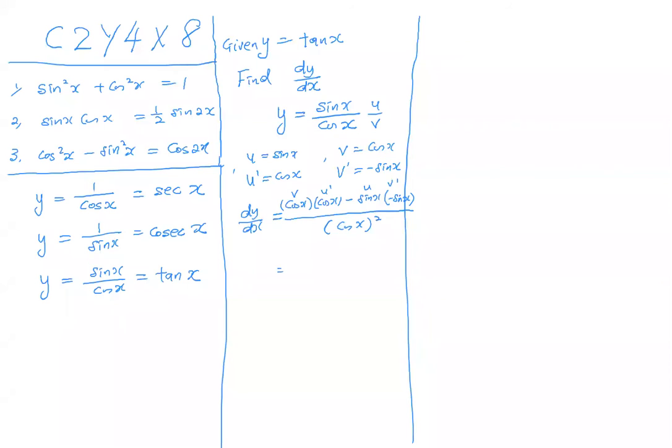Okay, so I got cos square x minus times minus, minus times minus, I got plus.